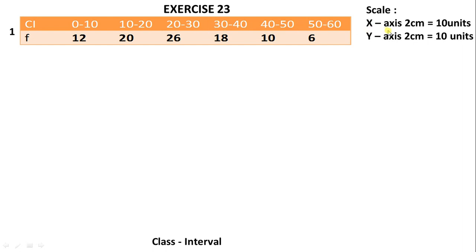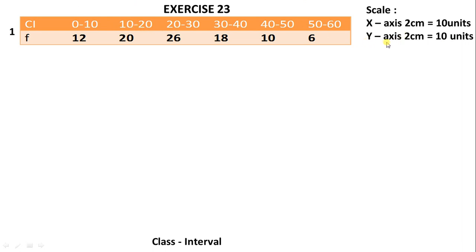Hence, mark the x-axis 2 centimeter, that is one box in your graph that should be considered to draw the rectangles, equal to 10 units. Always the x-axis should be marked 2 centimeter equal to the size of the class interval. Here the size of the class interval is 10. How to calculate the size of the class interval? Just subtract the lower limit from the upper limit.